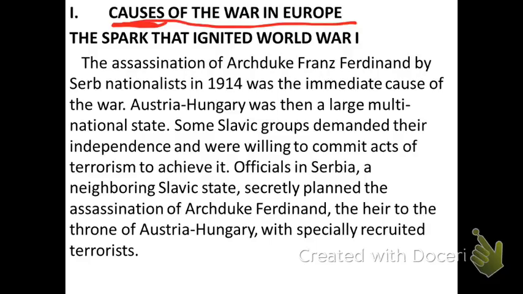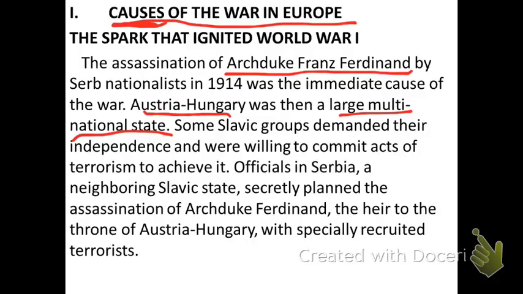Now, the Archduke Franz Ferdinand was a member of the Austrian royal family. Austria was a monarchy, and the Archduke was in line for the throne. And Austria-Hungary was then a large multinational state. It had a number of provinces, a number of territories.